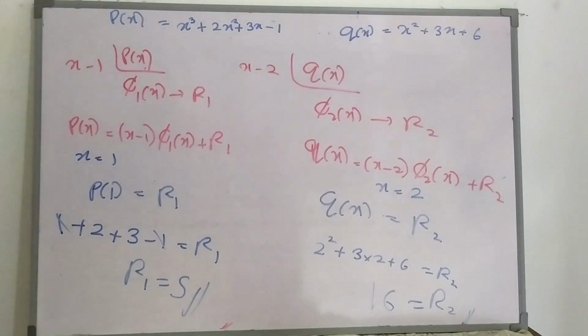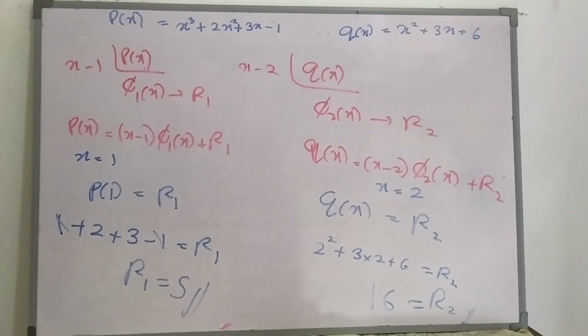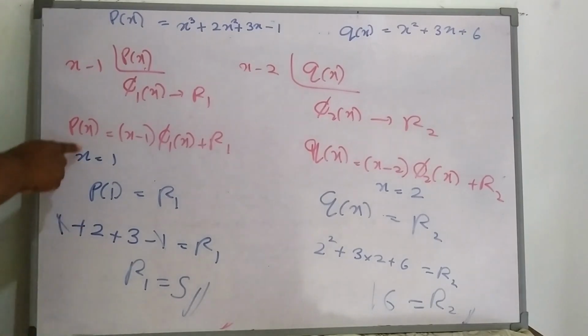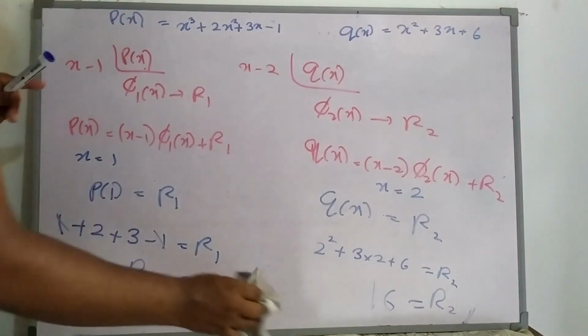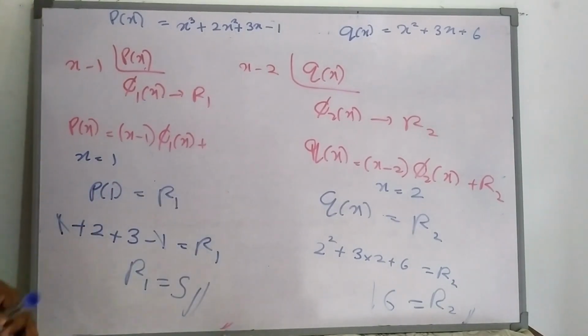Then verify that P(x) equals (x minus 1) Q(x) plus 5. How to do that? Can you see here P(x), x minus 1 also here, and r1 we found as 5, right? So I am just putting r1 as 5.